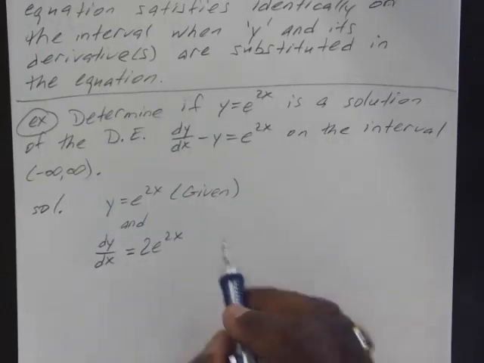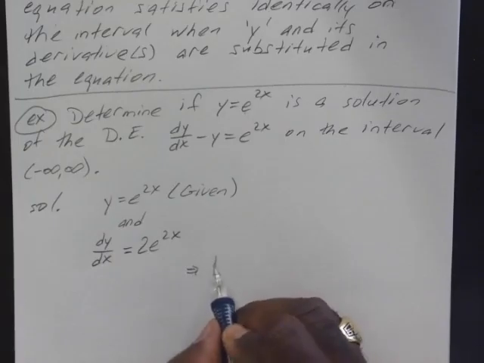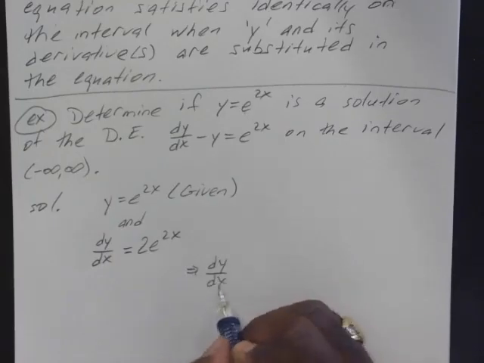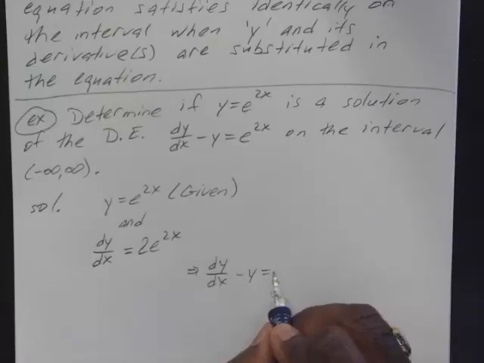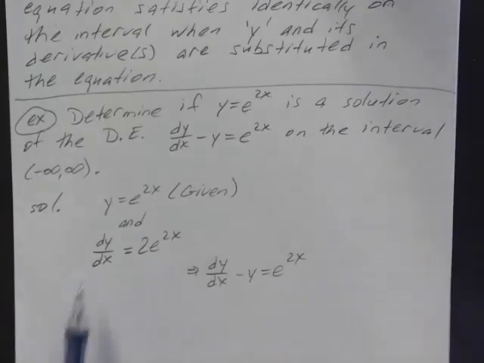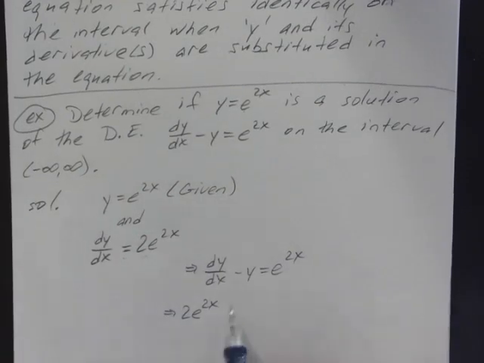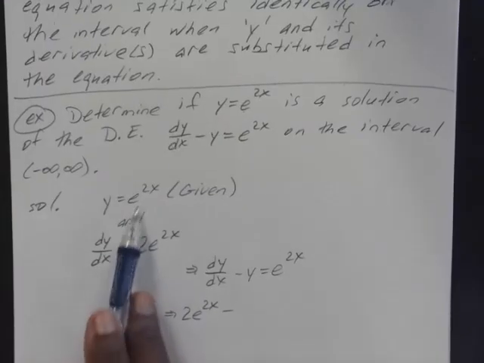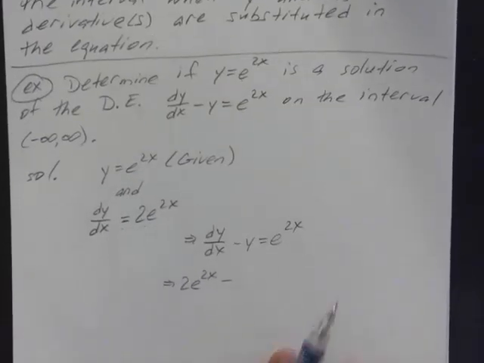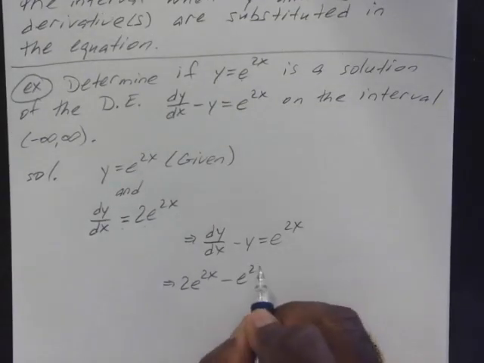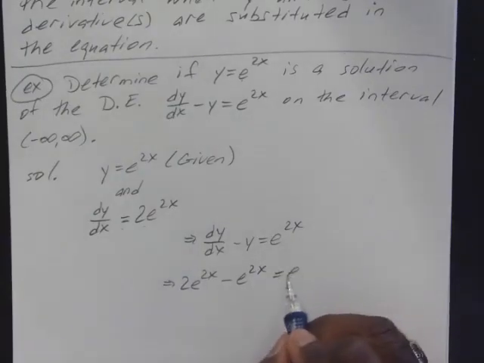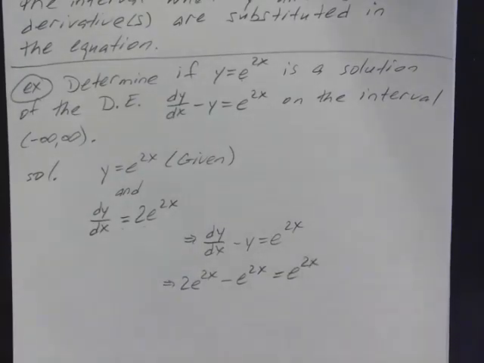So all you have to do is have your dy/dx minus y equals e to the power of 2x, and just substitute your dy/dx. You're going to plug in 2 times e to the power of 2x minus your y, which is e to the power of 2x.